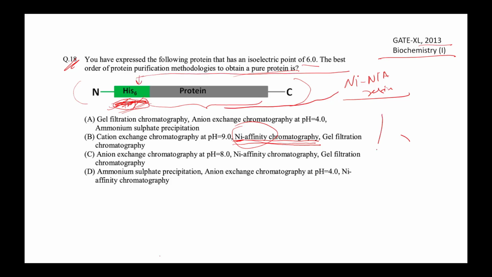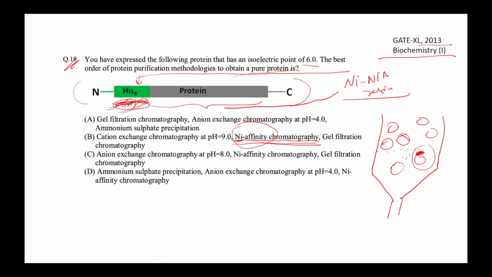If in a column you have many proteins, and the protein which harbors a histidine tag, and you add nickel NTA beads, all those beads will bind to this particular protein, and the remaining proteins will be eluted out.